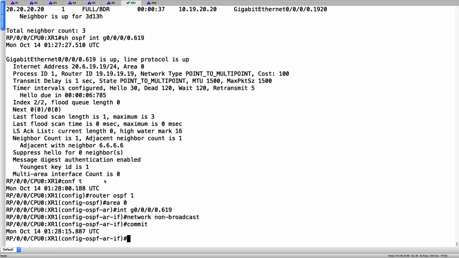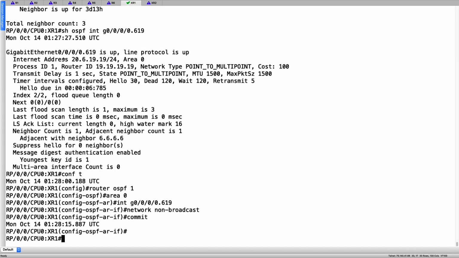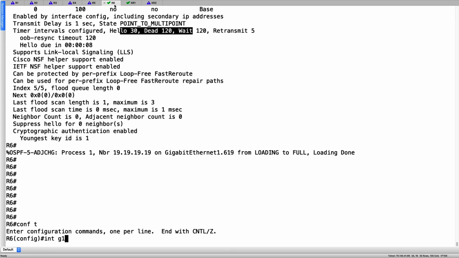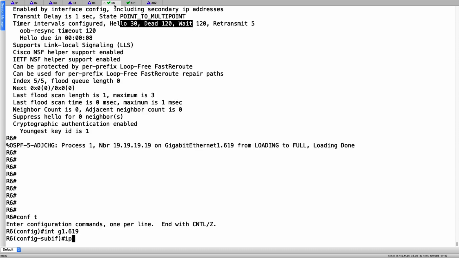The minute I do a commit, you would see that my neighborship again goes down with R6. They both have the same hello and dead, which is 30 and 120, but R6 is still point to multipoint and XR1 is non-broadcast. So let me go back to R6 now and change his network type to be non-broadcast.